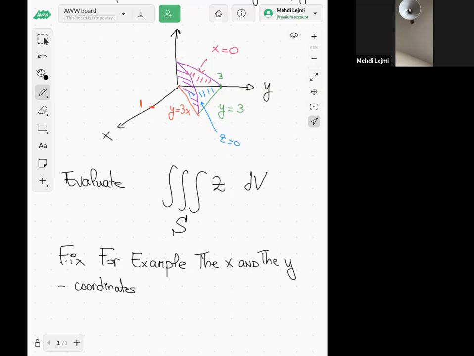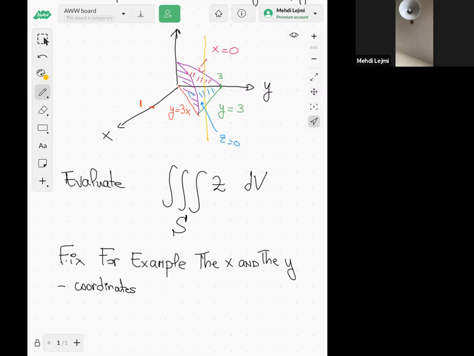So what does it mean to fix x and y coordinates? It means that you take the set of points where the x and the y coordinates are the same. You fix a vertical line. Let's take this vertical line here.